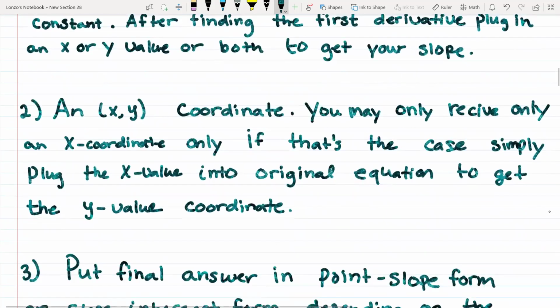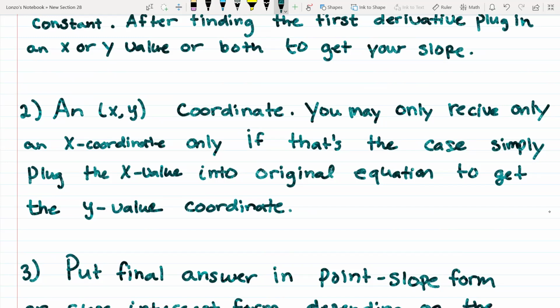Number two, you need an x-y coordinate. That's a must. You may only receive an x coordinate. Sometimes they give you just the x coordinate, and if that's the case, simply plug the x value into the original equation to get the y value before you do anything else. So before you take the derivative, make sure you have a coordinate.